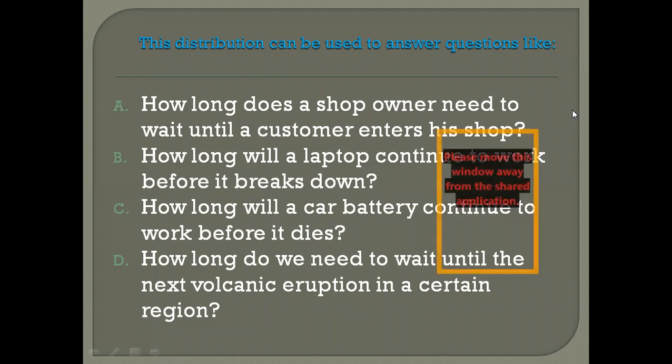If a customer enters now, what's the time between the first customer and the second customer? You can calculate it using the exponential distribution.